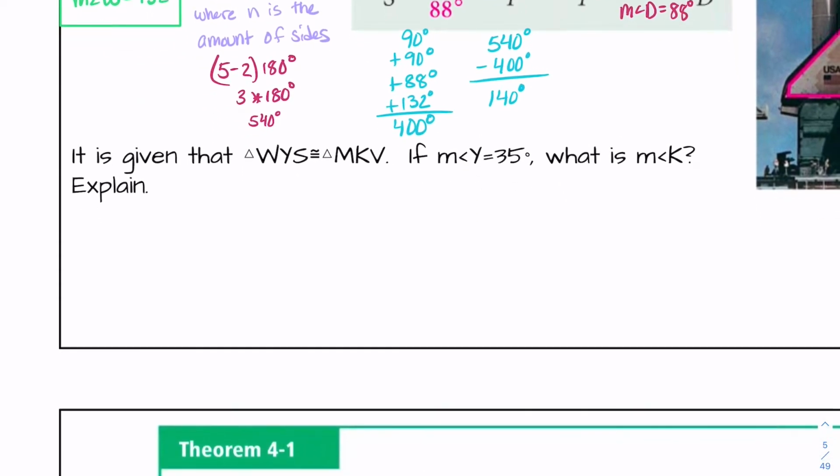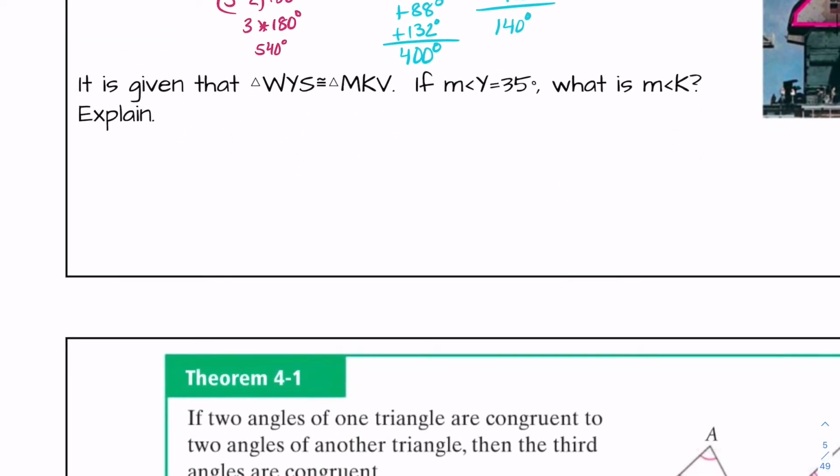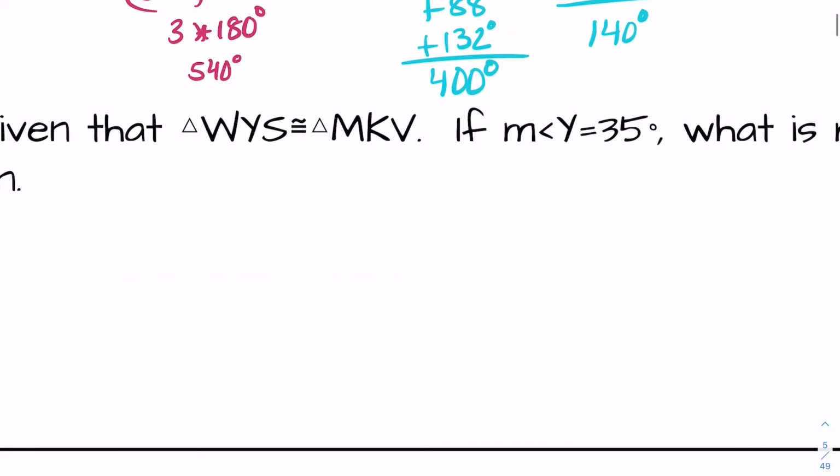All right, next one. It is given that triangle WYS is congruent to triangle MKV. So it wants us to find the angle K. So check this out. They give me Y. They said measure of angle Y equals 35 degrees.